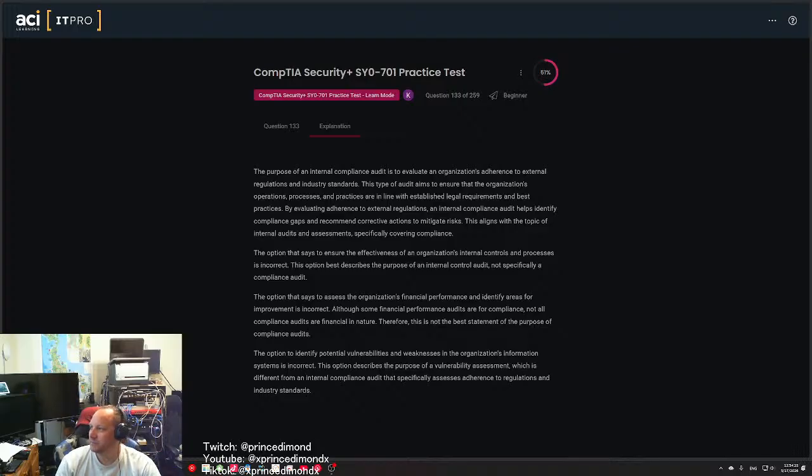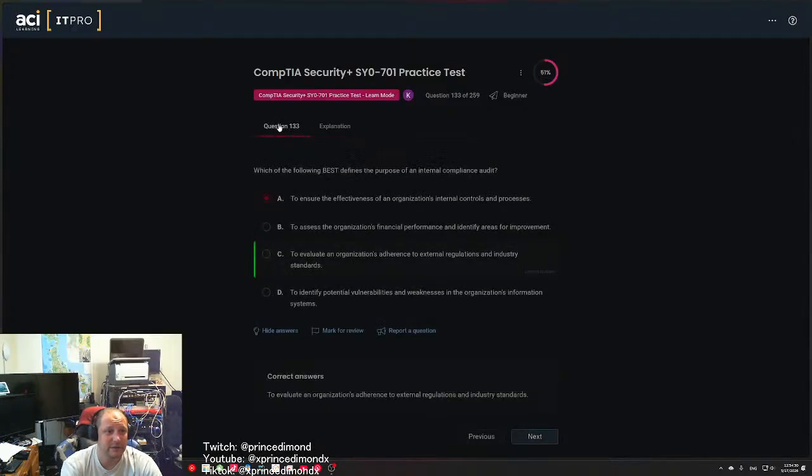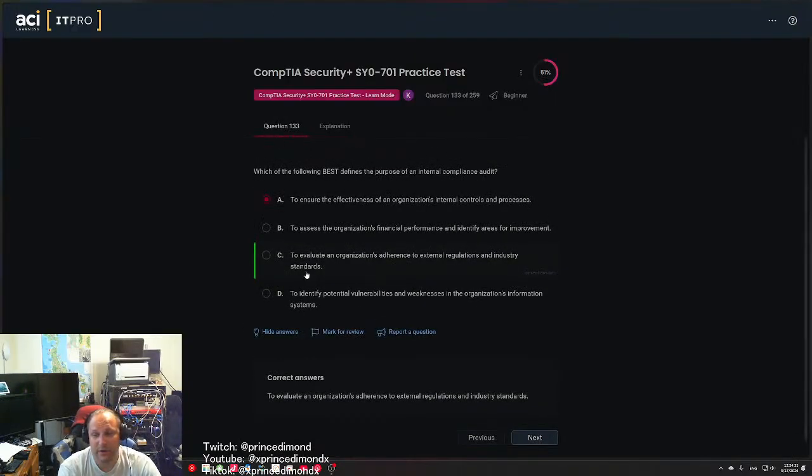My brain works in really weird and mysterious ways, but as far as this is concerned, this kind of makes sense. You should always be evaluating your organizational policies against industry regulations and standards. If you're not doing that, you'll probably have some issues in some capacity. So we'll come back and mark that for review. I know which one it's going to be in the future, but yeah, we'll study it.